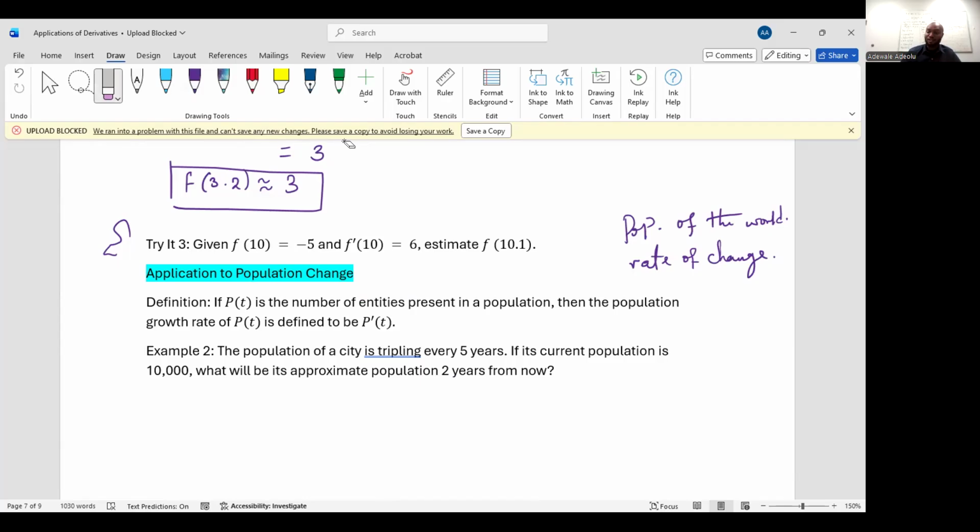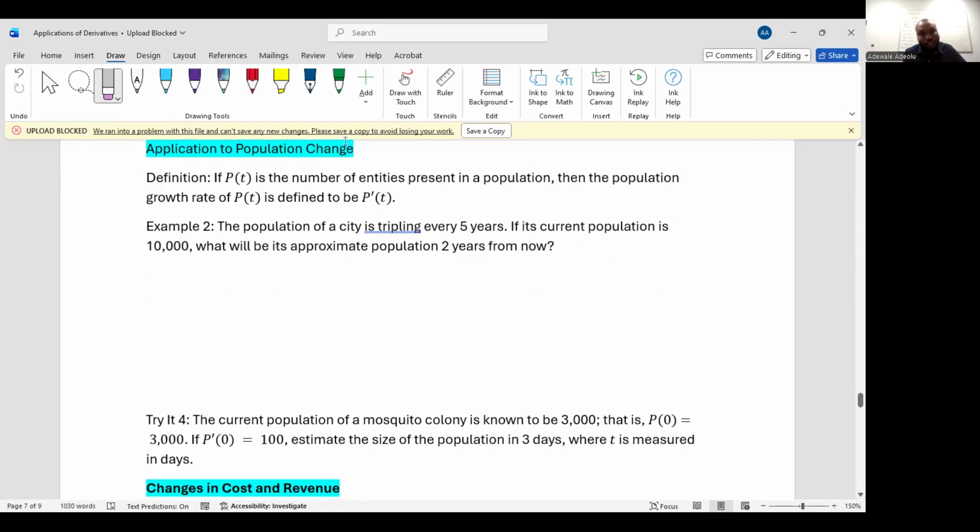So that is why we are using that idea. So if P of t is the population of entities present in a population, then the population growth rate is defined as P prime of t.